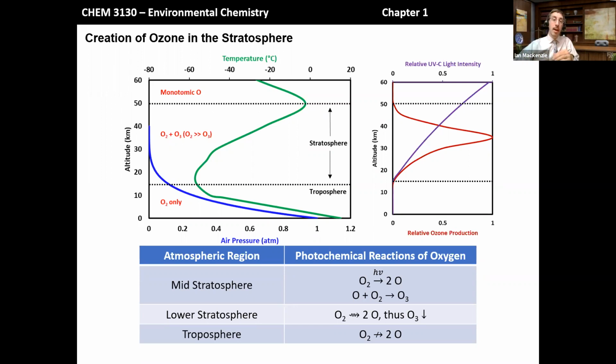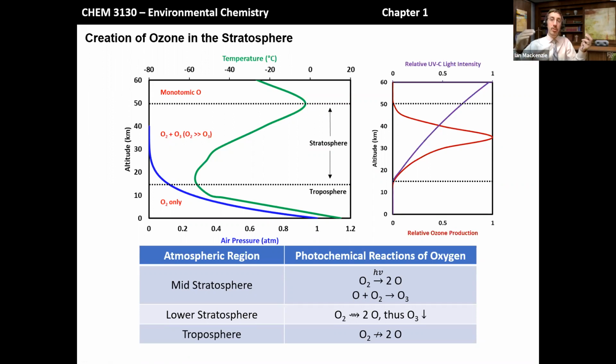And so we now have the formation of ozone by a single oxygen atom combining with O2 to form O3 being the major reaction. We can see that on the graph with the relative ozone production that reaches a peak somewhere in the 25 to maybe 35 or 40 kilometer region, which is the majority of ozone production. Now that varies by latitude and some other factors, but that's a general depiction.